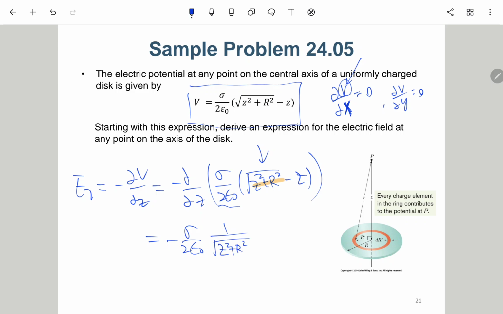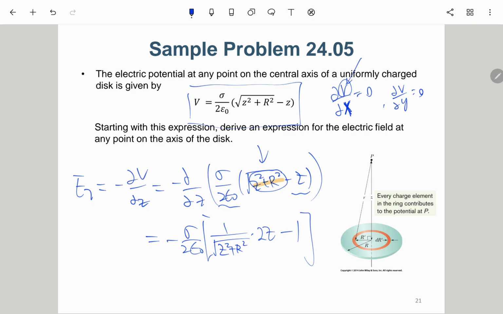And don't forget the chain rule, because this is not a pure z; it is a function of z, so we need to take the derivative of the interior function, which becomes 2z. And the minus term, negative z, becomes -1 when we take the derivative.